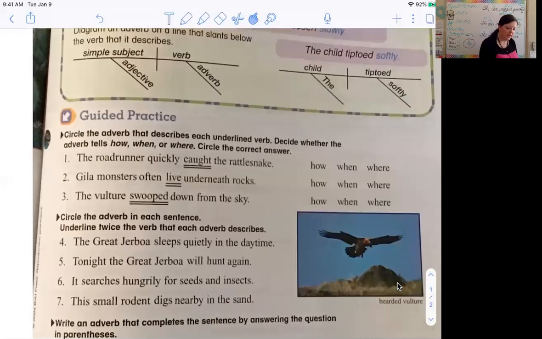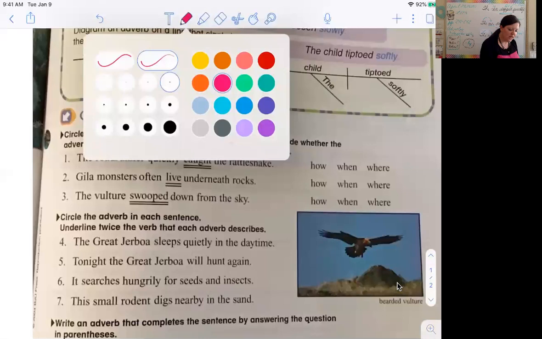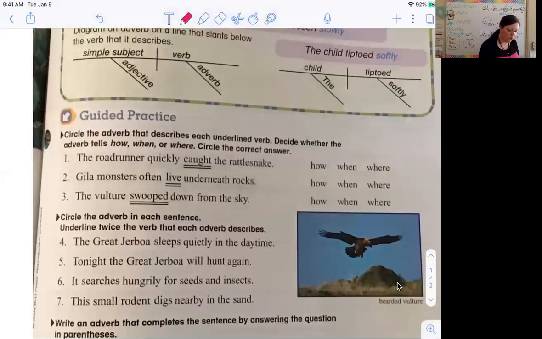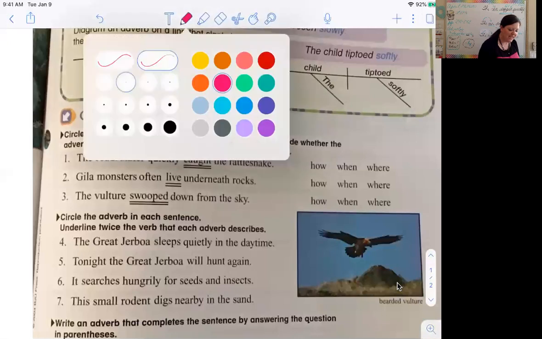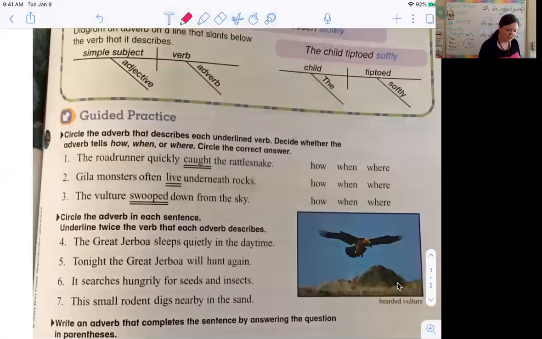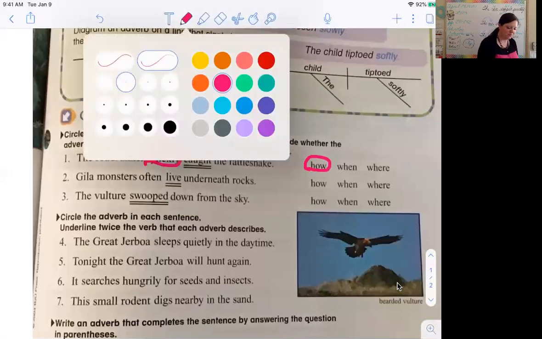So let's take our pencil here and let's circle quickly. Did you notice what quickly ended with? Yeah, an ly. Circle quickly. And let's circle the question that it answered, how. Okay, let's move on to number 2.